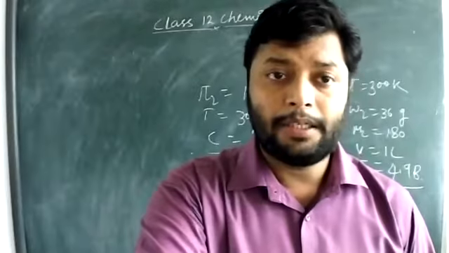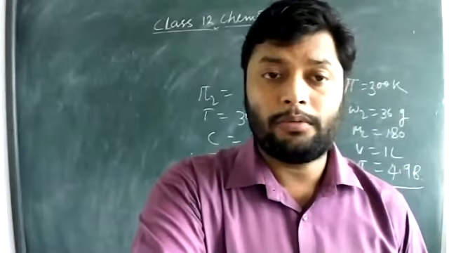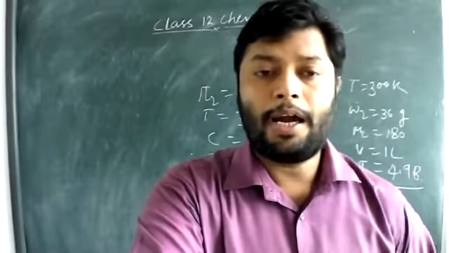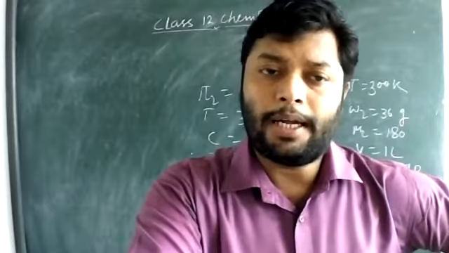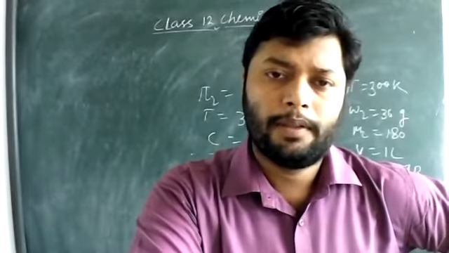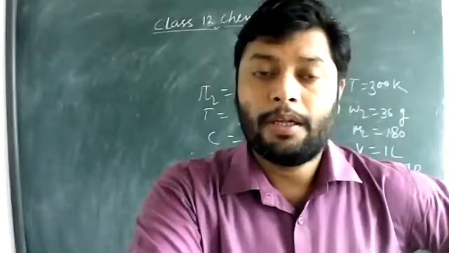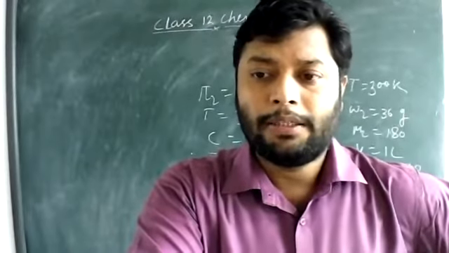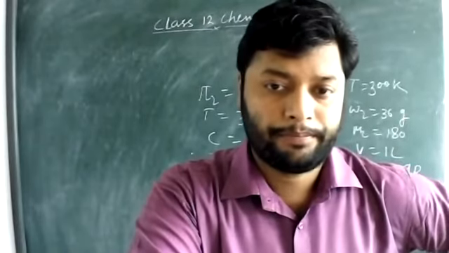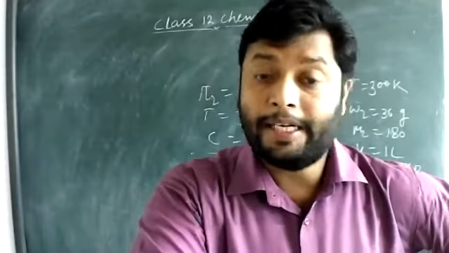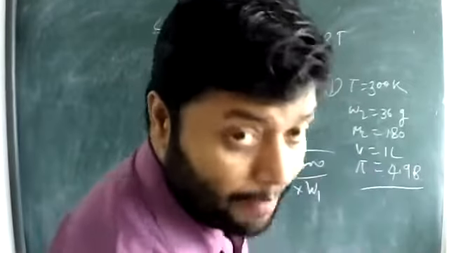For any chapter, what the formulas are and how we have to use them is what is useful. If you know the formula and you also know how to use that formula, that is actually important. Let's discuss some formulas from the chapter solution.